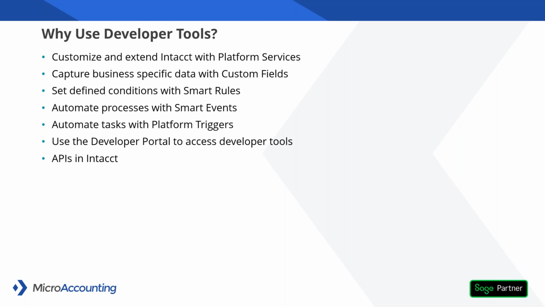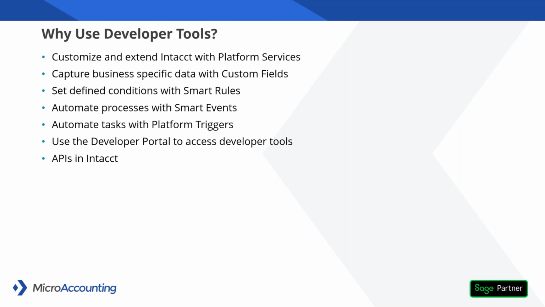Some of the ways you can do that include customizing and extending Intacct with platform services, which is an application within the system that's free, and you might not even be aware that you are subscribed to it. Others might use that all the time, and we'll go over that a little bit shortly. Some of the other ways: you can capture business-specific data with custom fields.